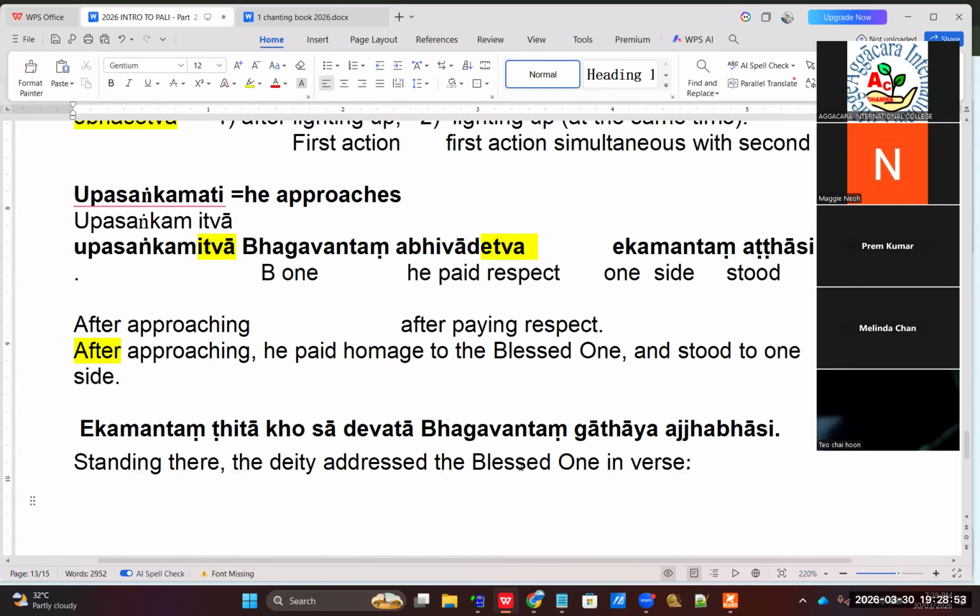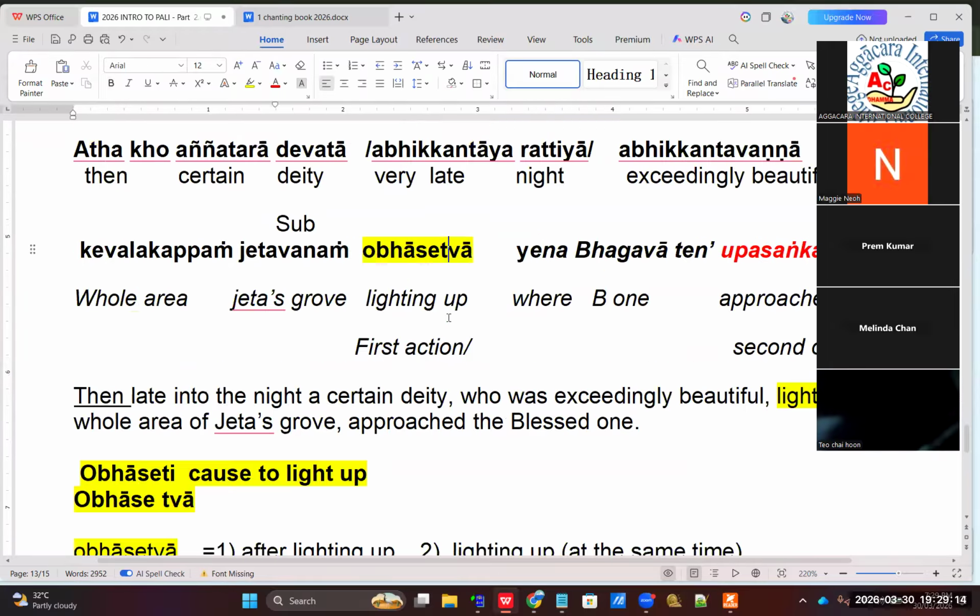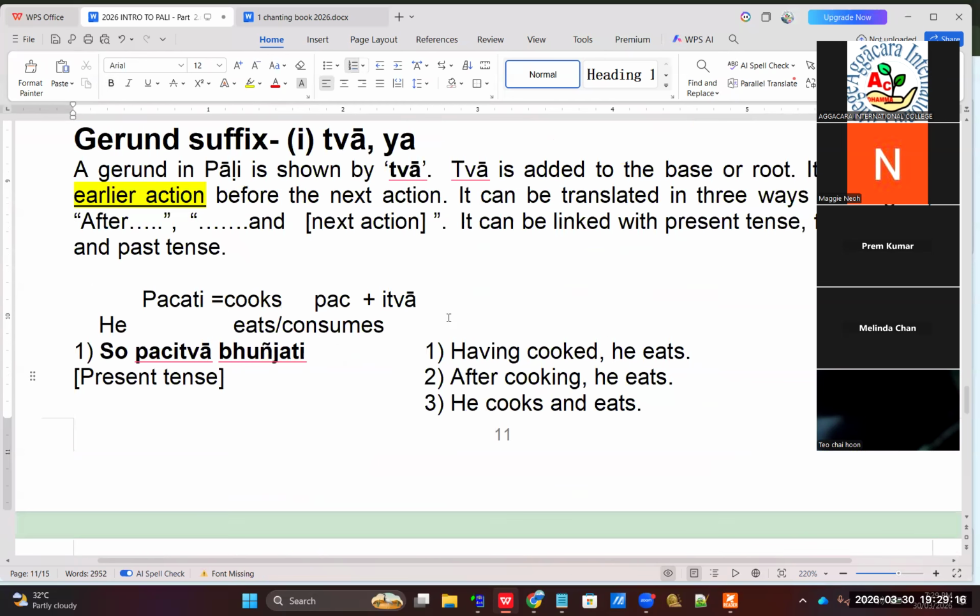Okay, then the rest we leave for the past tense, because in future we will go for this past tense. All right, so we leave it for the future tense. So today we just focus on this itua, etua. Anyway, you see tua, you can translate after or having. So this tua you can translate in three ways.